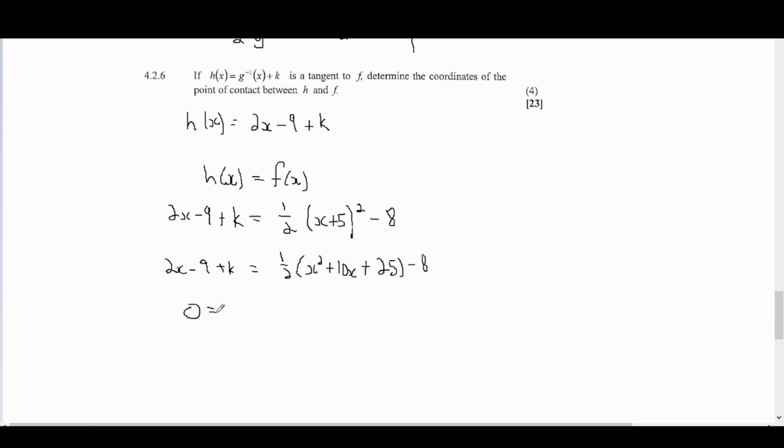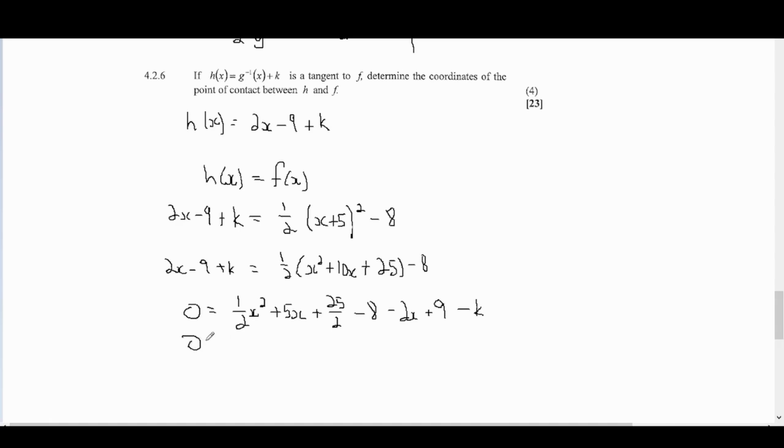0 equals a half x squared plus 5x, because that's 10 divided by 2, and then plus 25 over 2. I think it's better if we just leave it like this for now. Minus 8 minus 2x, these are all the terms we're bringing over, plus 9 minus k, and then we just add like terms.